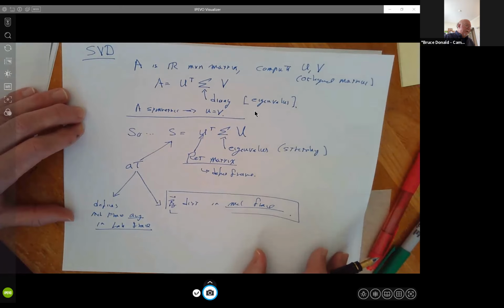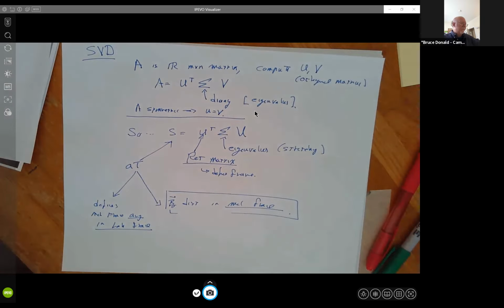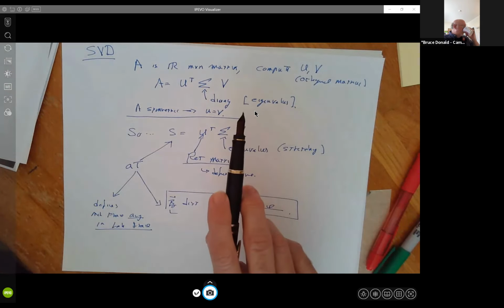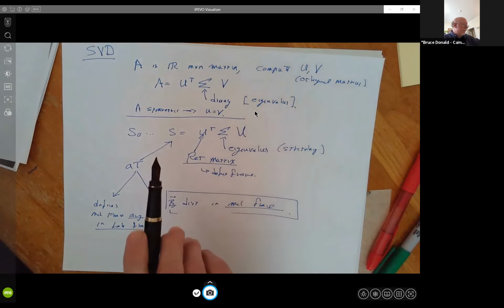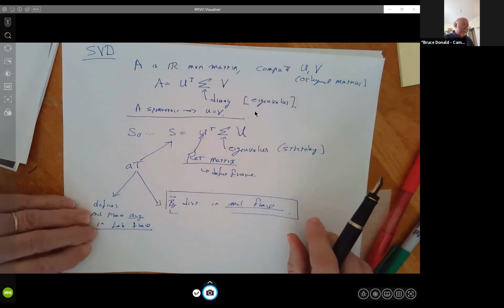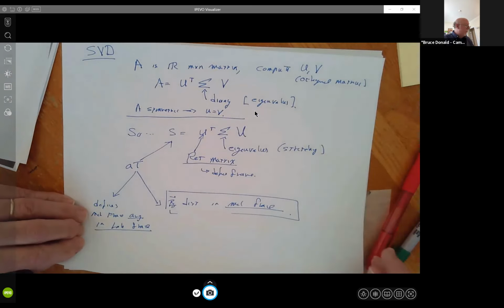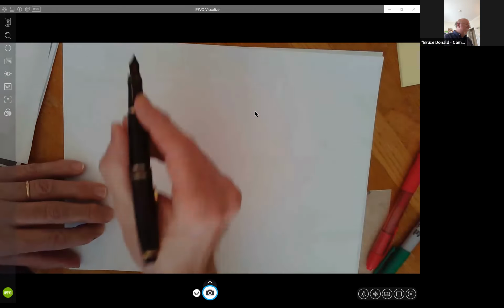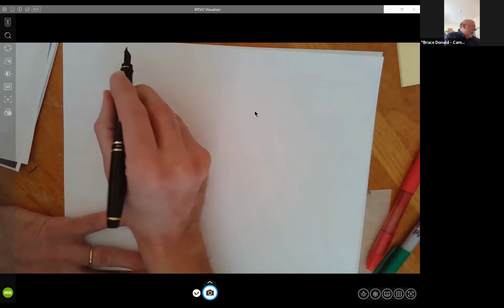So let's look at several applications. SVD is incredibly useful. I can use it to do PCA. I can use it to solve minimization problems. I can use it for all sorts of different things. But I can also use it empirically to compute a SOAP matrix.